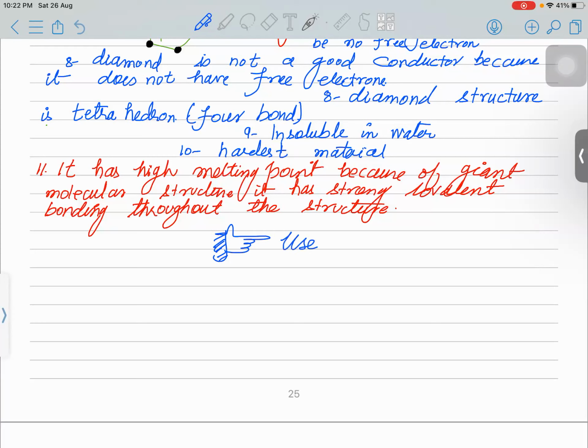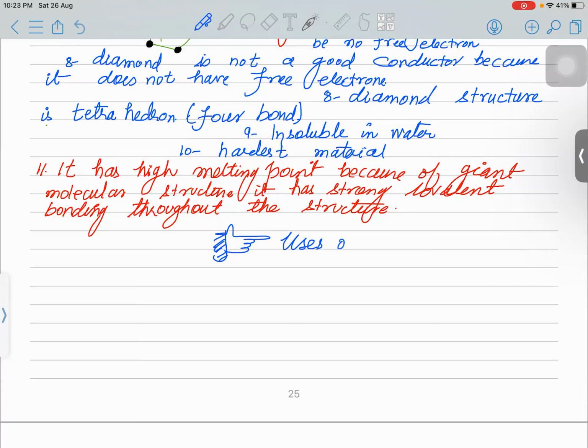Throughout the structure, it has covalent bonding, the strongest one. So a lot of temperature is required to overcome this covalent bonding and melt it. That's why it has a high melting point.